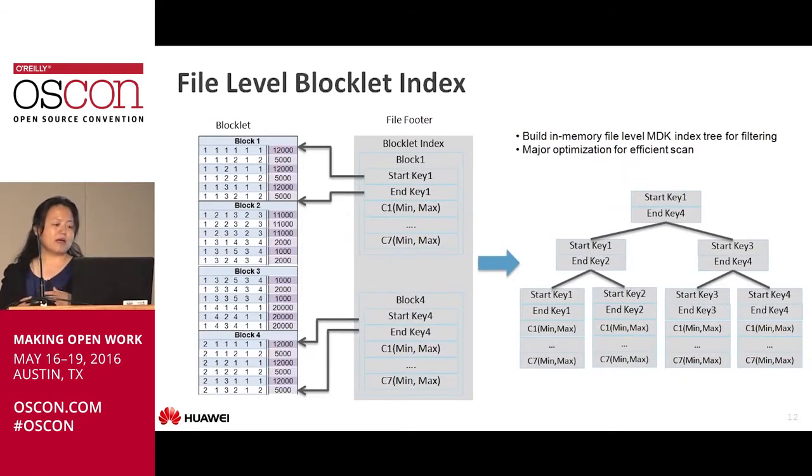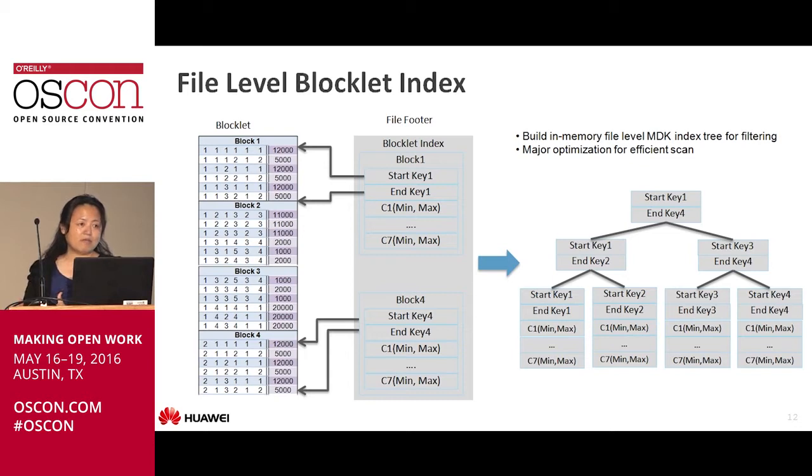Remember, I mentioned that in the file footer, we have a blocklet index stored. This includes a blocklet index node for each blocklet in the file. Each index node contains the start MDK key as well as the end MDK key, including a pointer to this blocklet, as well as the min-max index of each column.